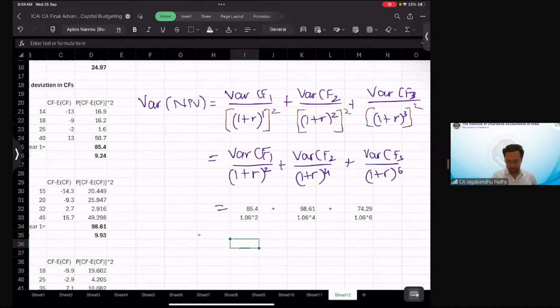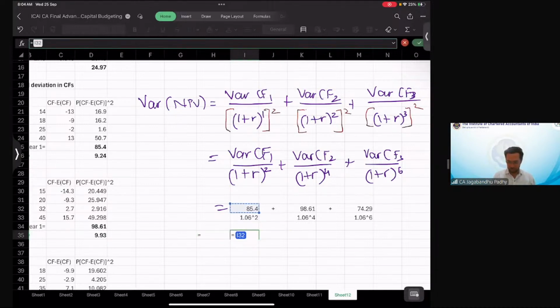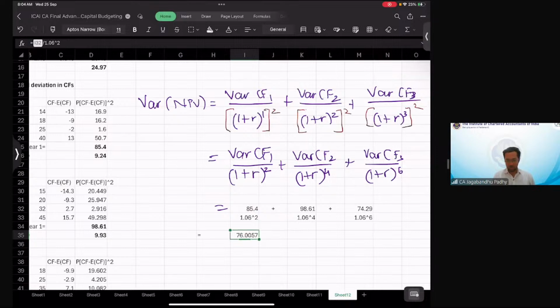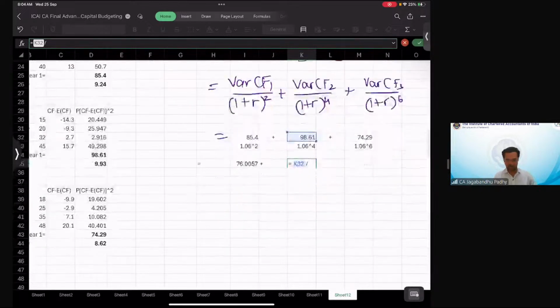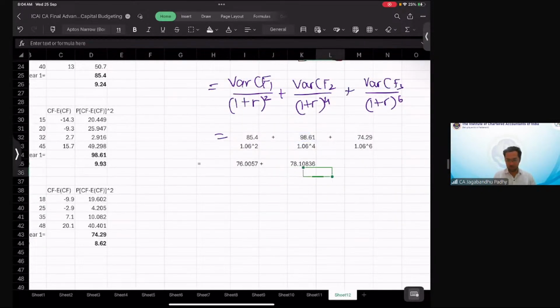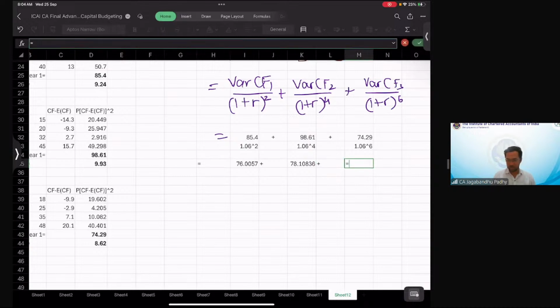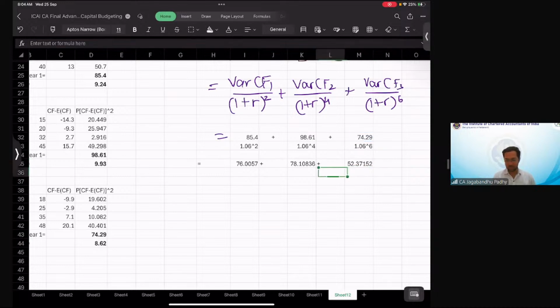So this number essentially comes out to 85.4 divided by 1.06 to the power of 2, then the second term is 98.61 divided by 1.06 to the power of 4, and then 74.21 divided by 1.06 to the power of 6.